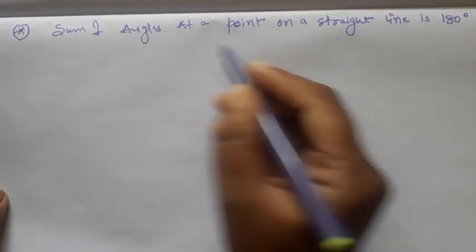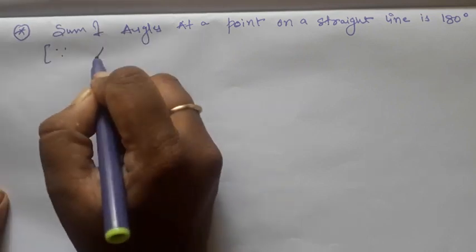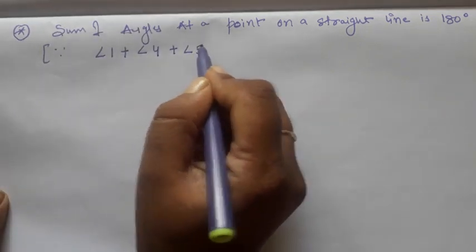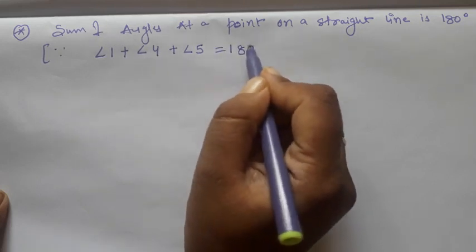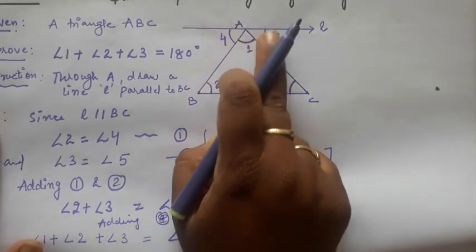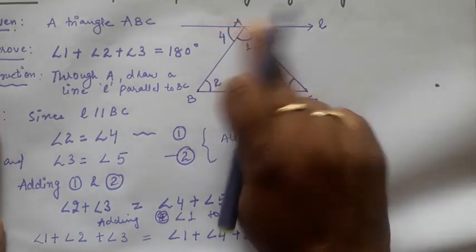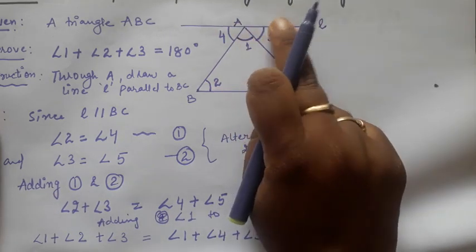So we can say that angle 1 plus angle 4 plus angle 5 is equal to 180 degrees, as these are all angles at a point and the sum of all the angles at a point on a straight line is equal to 180 degrees.